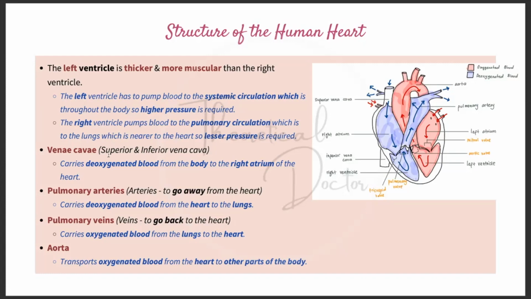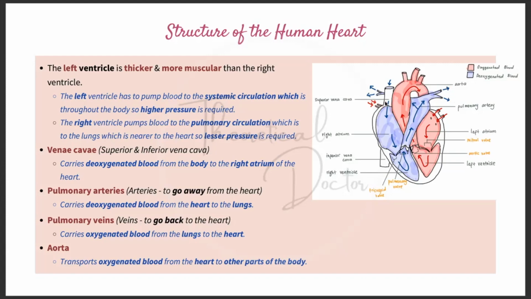And you have the vena cava, which is the superior and inferior vena cava. The one on top refers to the superior vena cava, and the one at the bottom refers to the inferior vena cava. So the function is it carries deoxygenated blood from the body into the right atrium of the heart. And then you have the pulmonary arteries, this one.